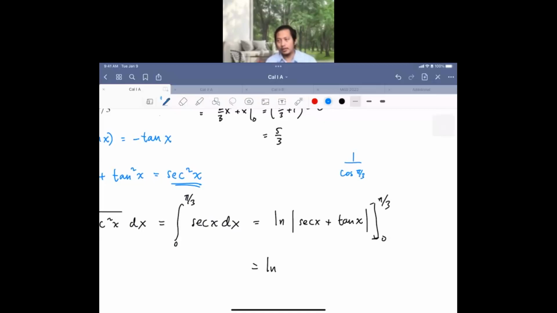Pi over 3 is 60 degrees, right? So cosine of 60 degrees is half, so secant is 2. And the tangent of pi over 3, tangent 60, is square root of 3, right? So plus that.